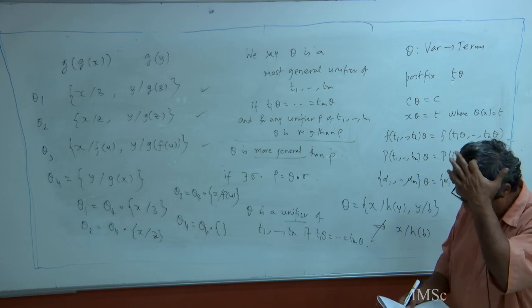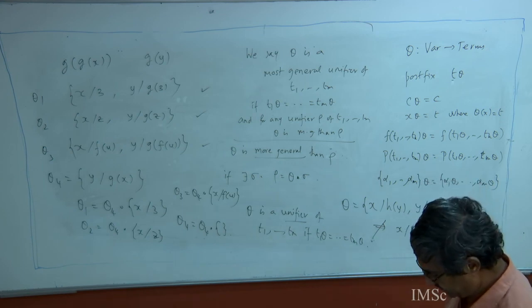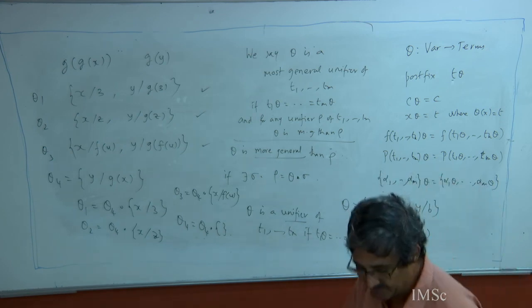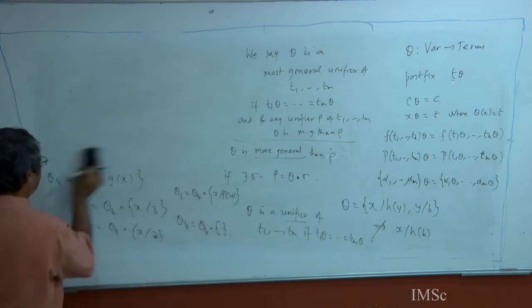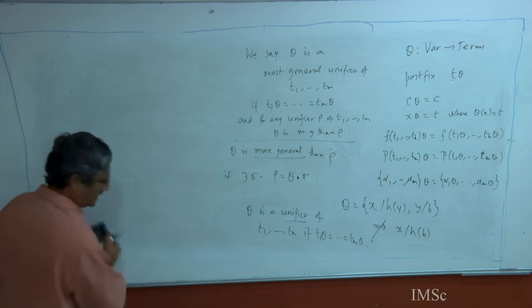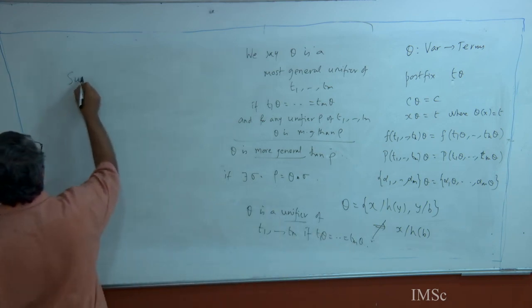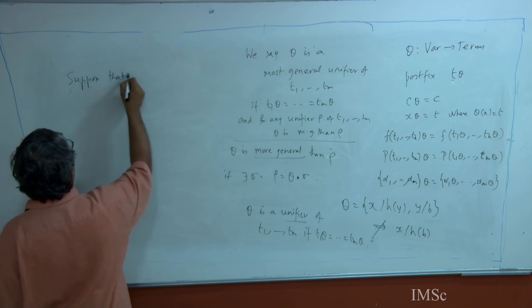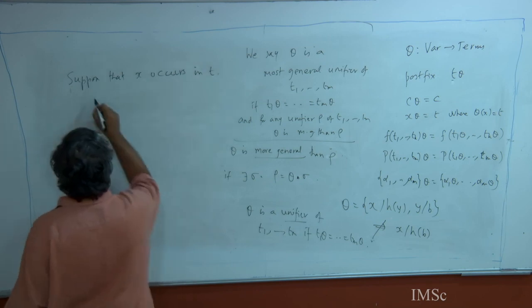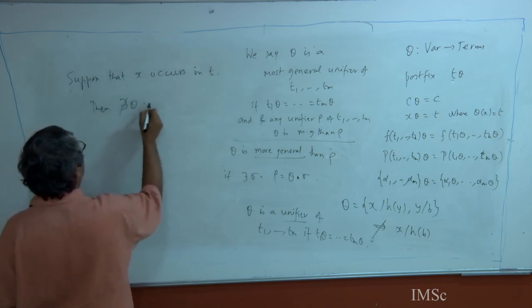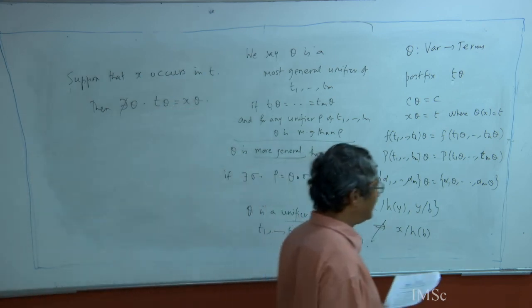So an important observation, I'll finish with that. Suppose x occurs in T. Then there is no theta such that this should be easy to see.